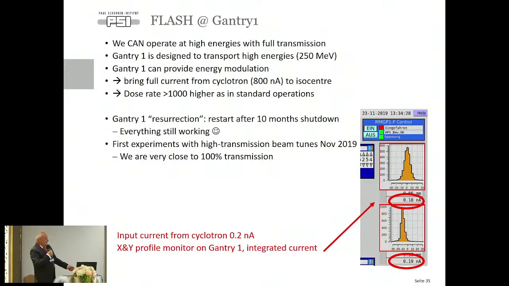It's almost 0.2 nanoampere, which means 100% beam transmission. And our cyclotron can go up to about 1,000, or I say 800 nanoampere in stable operation. And if we go from 0.2 to 800, we get into the flash regime. So technically possible.